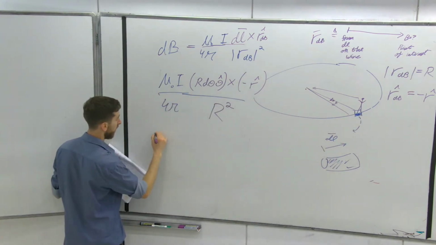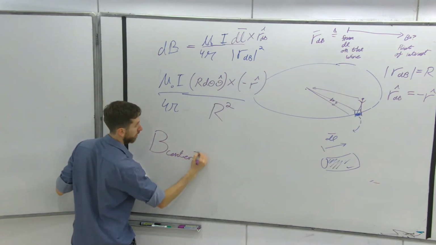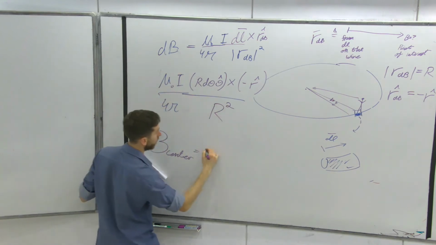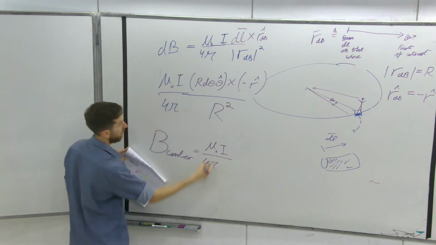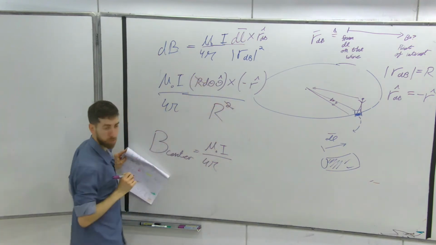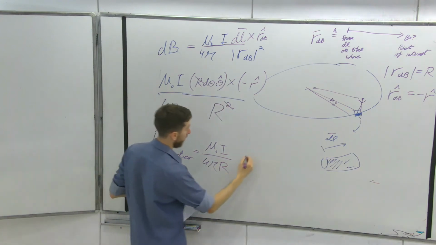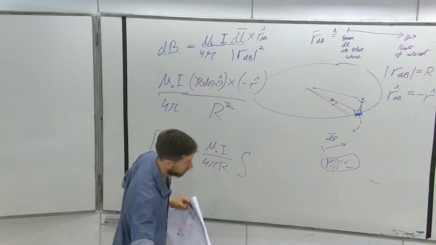So we actually end up with B center is equal to what? To the superposition of, let's take out all the constants, mu0, I, 4 pi, and I want you to see that this one cancels with this one, you see? So we have here outside R, and we have an integral that runs on what? What is the integral running on?